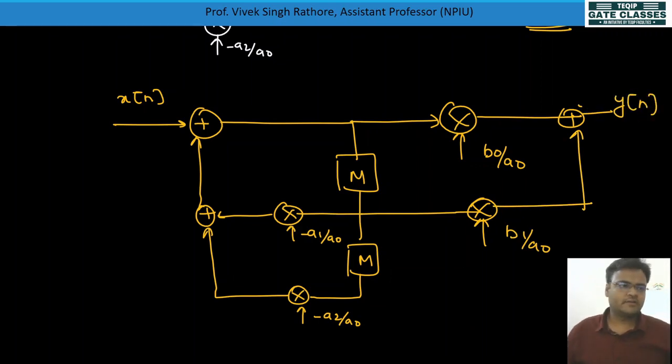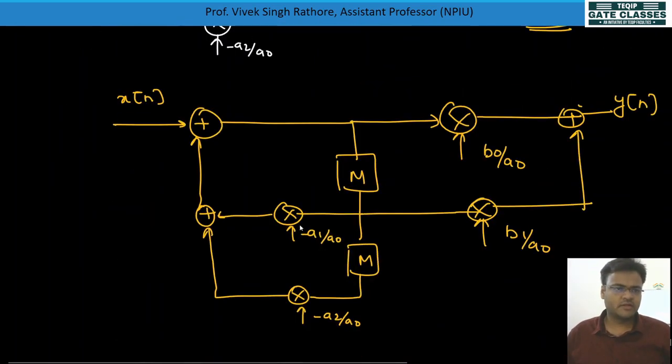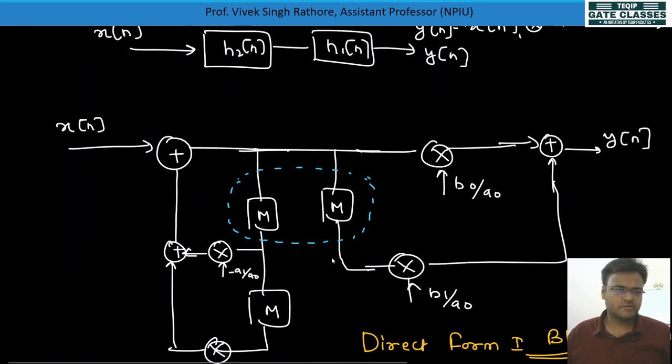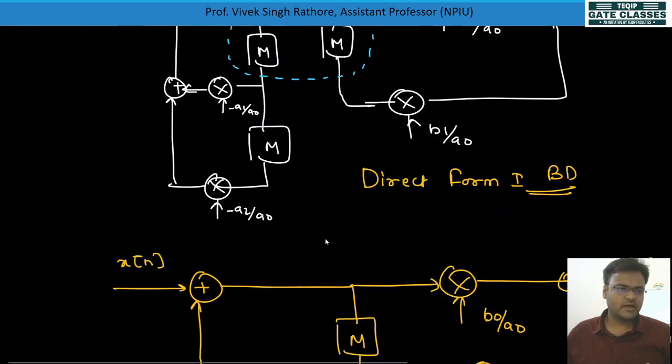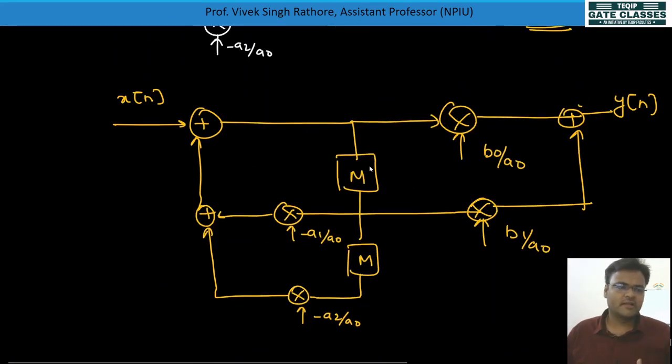See, the only difference between this portion and this portion is that we have merged the delay factors, so that the requirement for delay is less, right? As much machinery or units as we add, the cost will increase and the complexity will also increase.